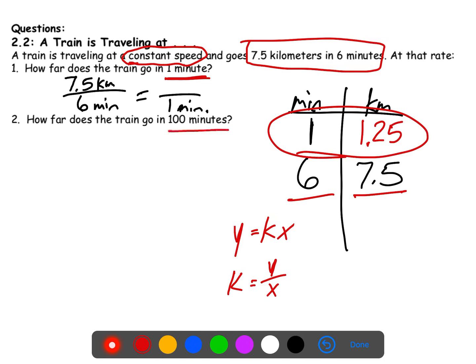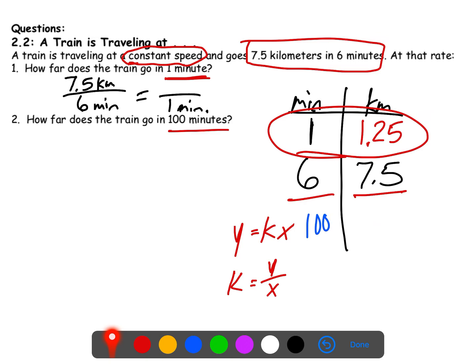Since we have a table, it's going to be pretty easy to just add in that extra information. And now we can increase our unit rate using our constant of proportionality to find how many kilometers in 100 minutes. And we don't even need a calculator for this because multiplying anything times 100 is increasing our value 10 times and another 10 times, or 2 place values in our base 10 number system.